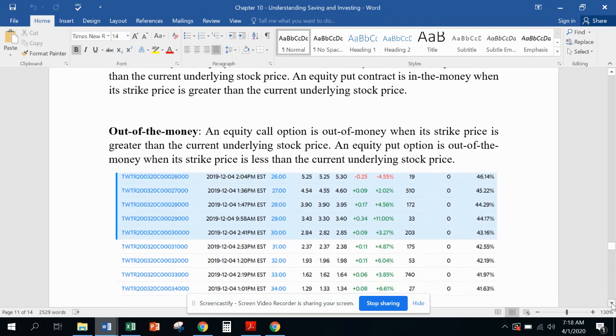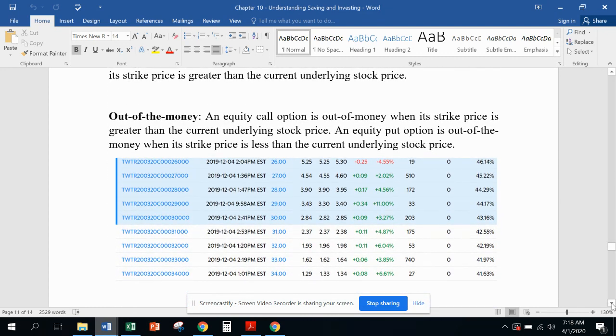So below, I have a table of call options on Twitter. This is a little bit old. I'm not exactly sure what Twitter's trading price is now, but at the time, the market price was about $30 and 20 cents. The market price was above the strike prices of these, so I could call the stock away.